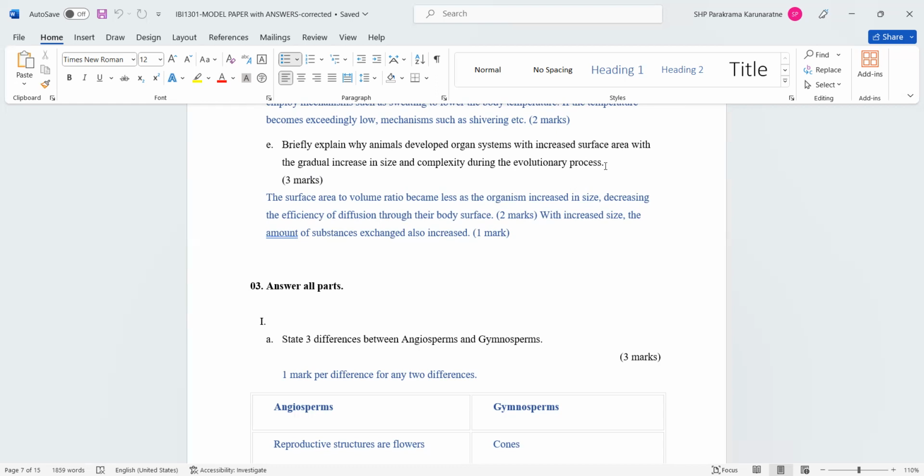Because the outside surface area is not enough to maintain the body, for gas exchange and for food intake and the exchange of excretory products, it makes invaginations and foldings inside the body that increase the surface area, which can be used to exchange material with the outside environment, right?